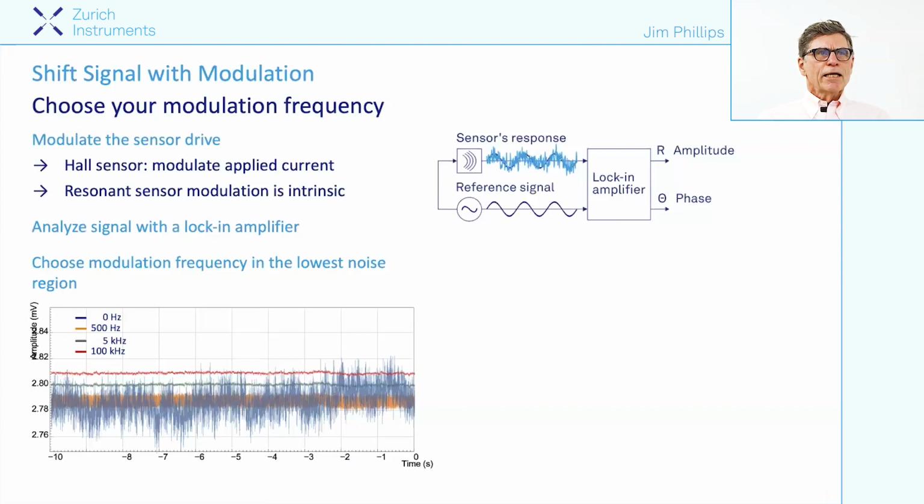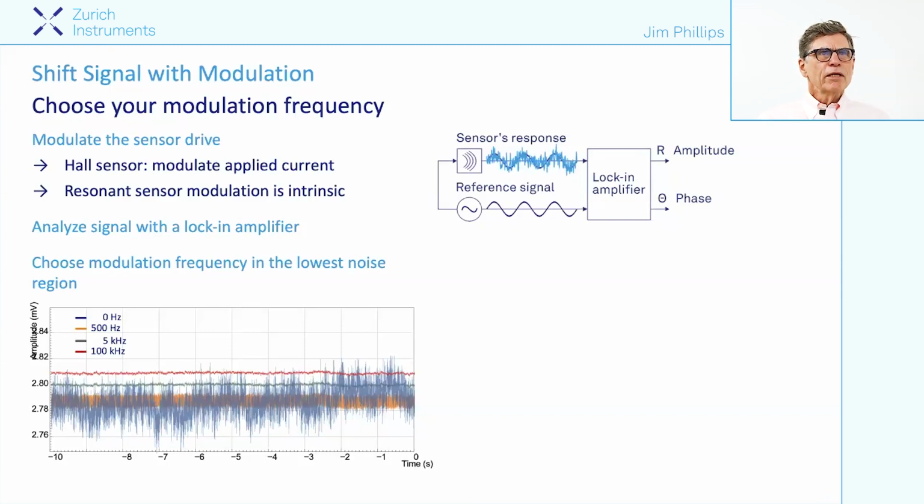To modulate the sensor, we apply a current to something like a Hall sensor, say, and we modulate the current, and we look for the transverse voltage on the Hall sensor in synchronism with that modulating signal. That's the principle of a modulated experiment with a lock-in amplifier. If there's a resonance in the experiment, a resonator, then that provides a natural modulation, which you will quite likely use.